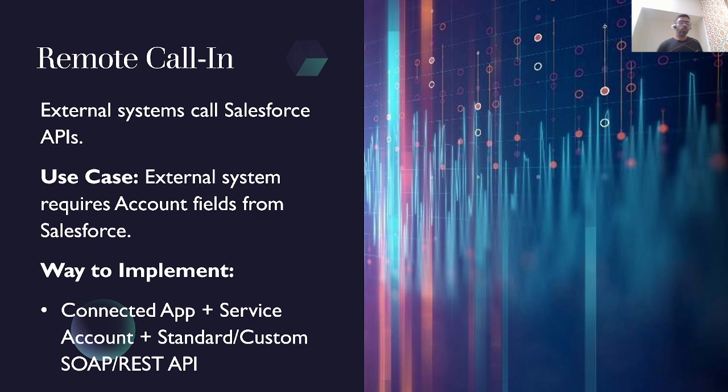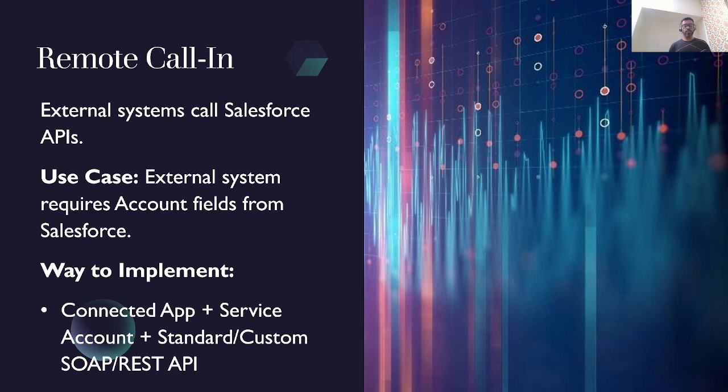And if you want to use username password mechanism, so you'll have to create a service account and share the password for that service account with the other application along with the consumer key and the secret. You also need to provide them standard or custom REST or SOAP APIs so they can make a call to.